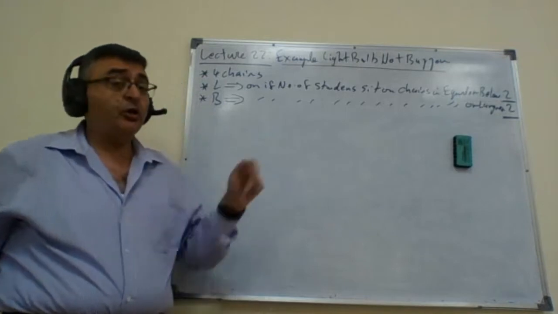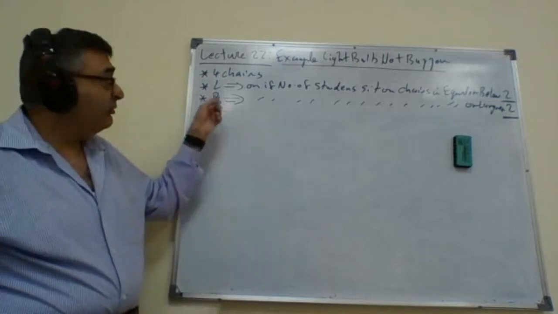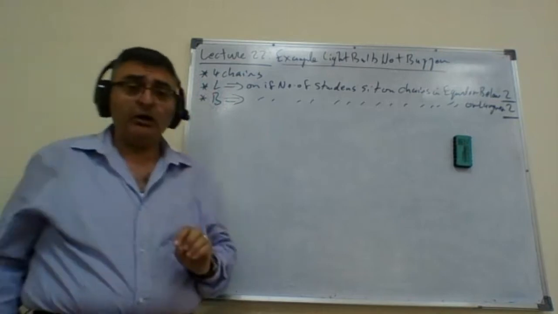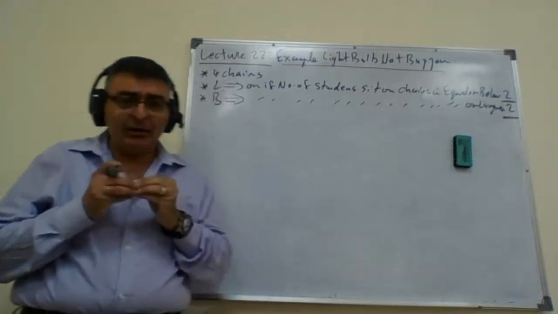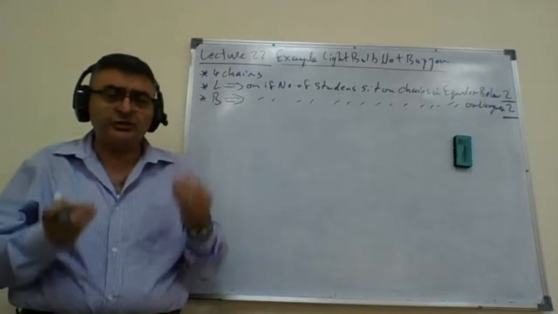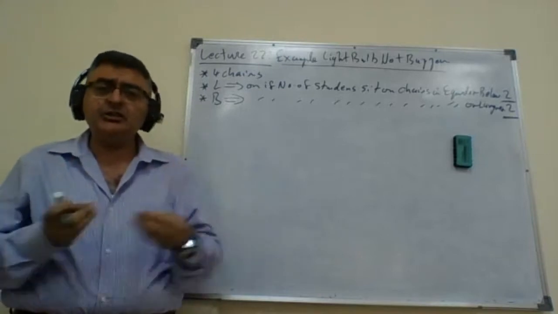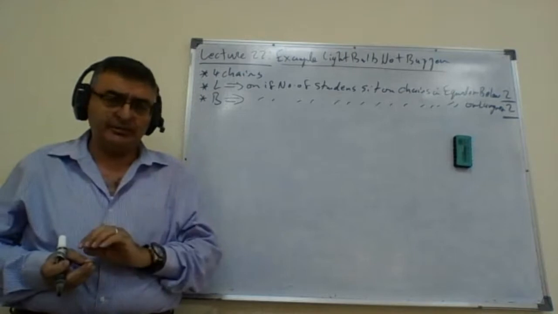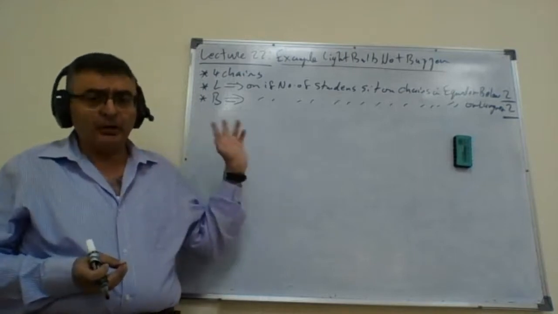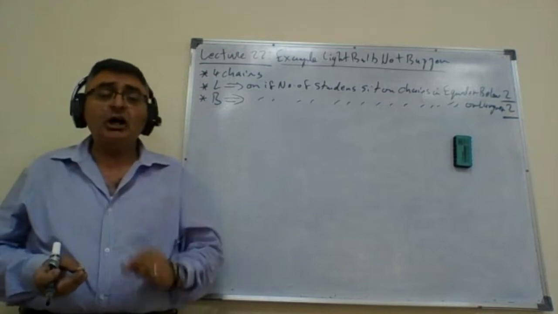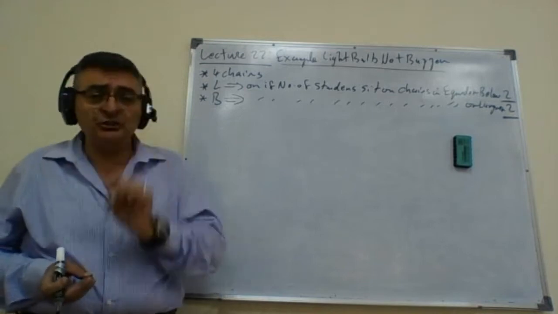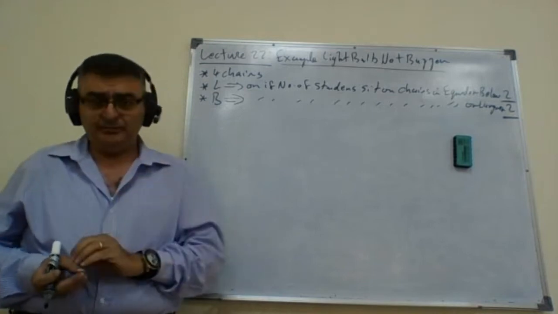Why is that? Because now the light bulb and the buzzer, the two outputs, are not changing based on the position of the students sitting next to each other. I changed that. Both outputs of the problem now change based on the number of the students sitting on the chairs.